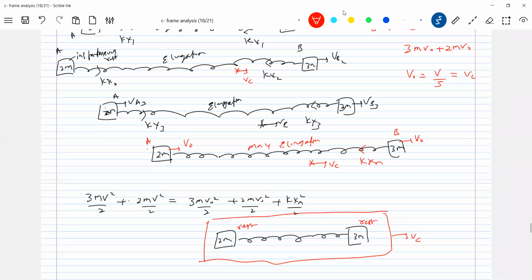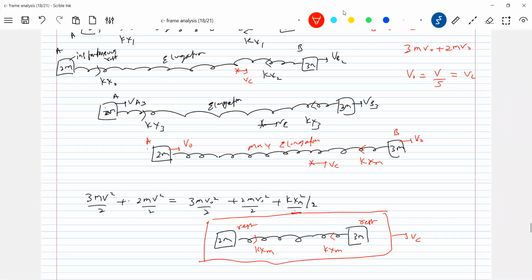In the C frame, when the elongation is maximum. Spring force is what I have to show like this. So here also, what will happen to the blocks? They are executing SHM. They are oscillating about the center of mass.